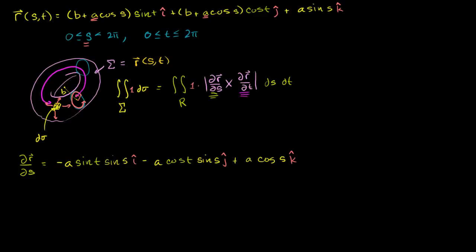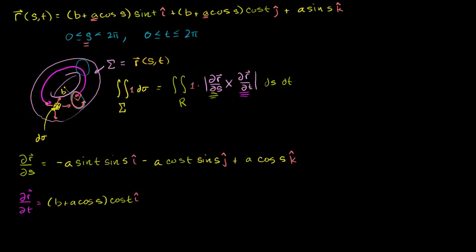So now we want to take the partial of r with respect to t. The whole term over here is a constant, so it's going to be that whole term times the derivative of this with respect to t, which is just cosine of t. So it's going to be b plus a cosine of s, times cosine of t, i.